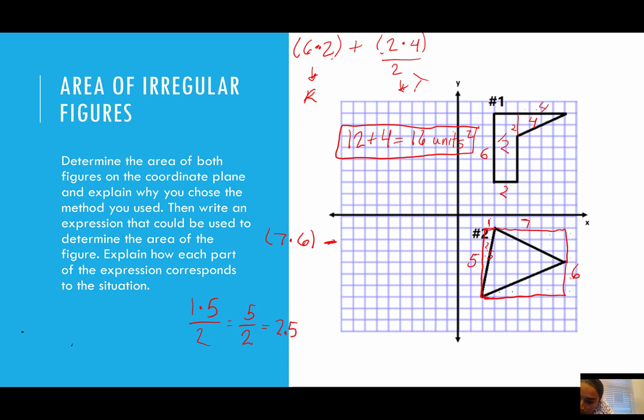The base, 1, 2, 3. Height, 1, 2, 3, 4, 5, 6, 7. 3 times 7 divided by 2. 3 times 7 is 21. 21 divided by 2 is 10.5.